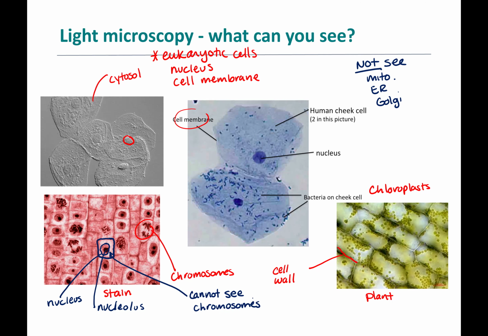Second type of microscopy, which is my favorite, is fluorescence. Fluorescence means that we have an ultraviolet-light-activated molecule that, under a UV light, we see color.